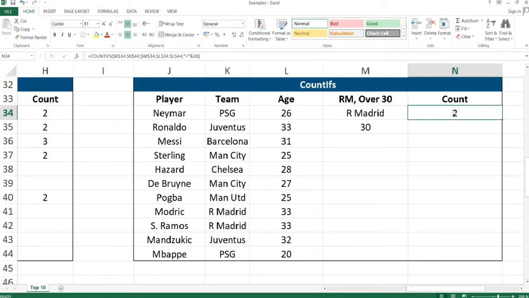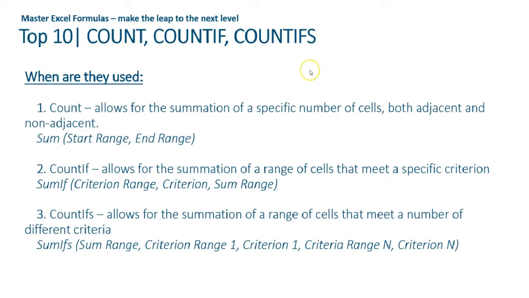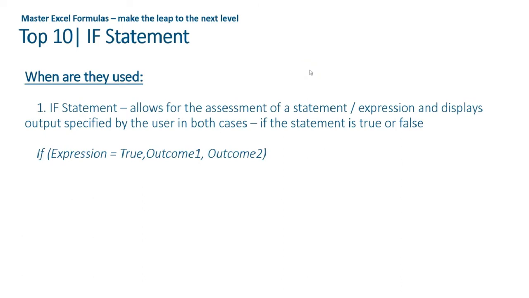Now going back to the presentation, the next group of formulas, or this is really more like one formula, but which has a lot of variations, is the if statement. This is one of the most important formulas in Excel because it is very applicable in many of the analyses that are done here.